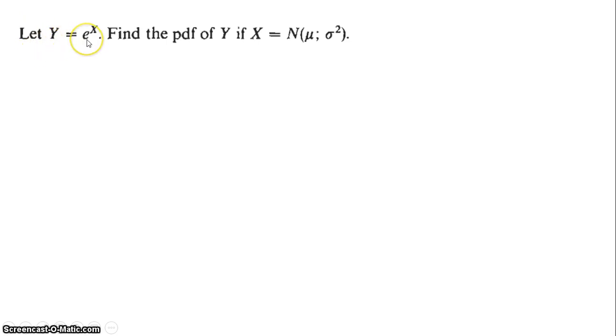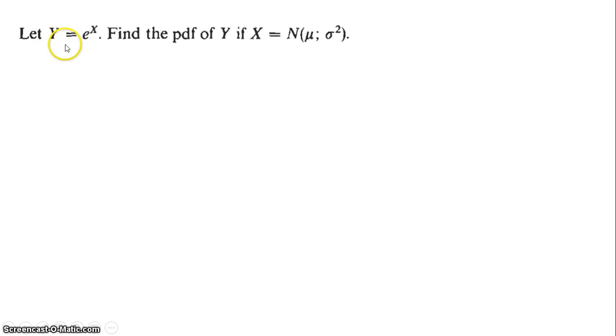When y is equal to e power x, what is the density function of y, if x is N of mu comma sigma square? x here is not uniform, but a Gaussian random variable with fixed mean mu and variance sigma square. It is just substitution.